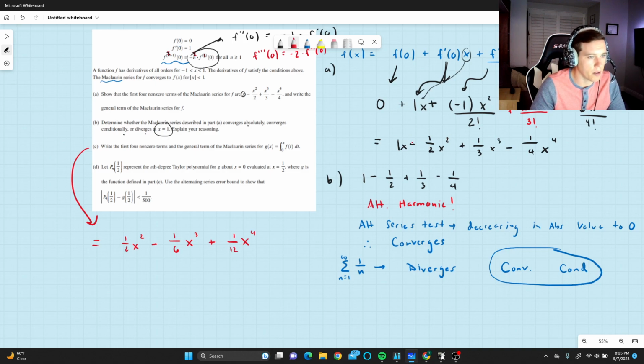Let me make sure I'm not messing up here. 1/2 x squared, cubed, 1/6, 4, 1/12. Yep. And 5th power, so minus 1 over 20 x to the 5th. Boom.